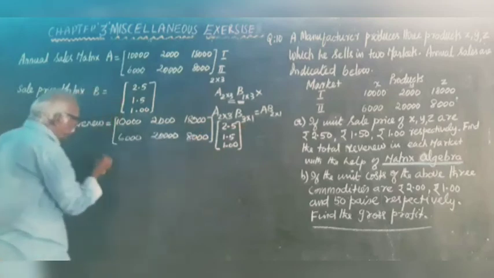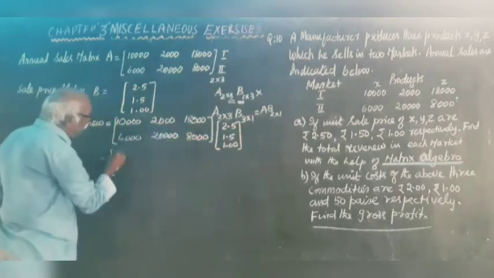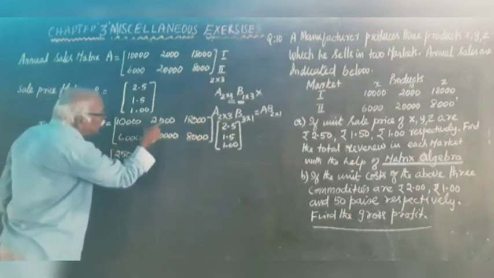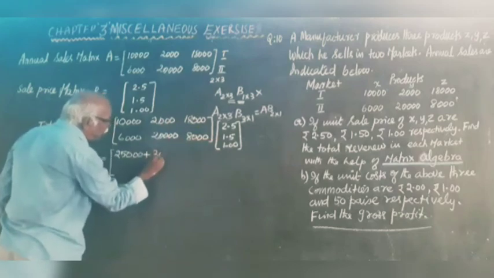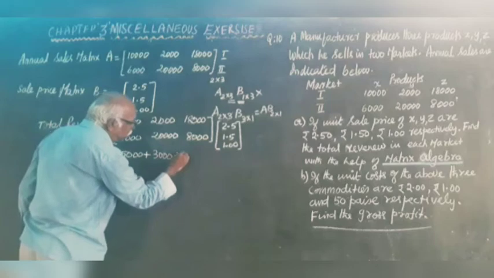First row, first column: 10,000 into 2.5, 25,000, plus 2,000 into 1.5, 3,000, plus 18,000 into 1 rupee, 18,000.